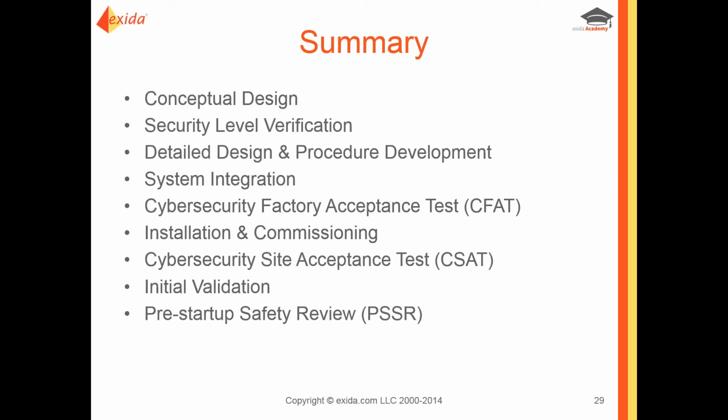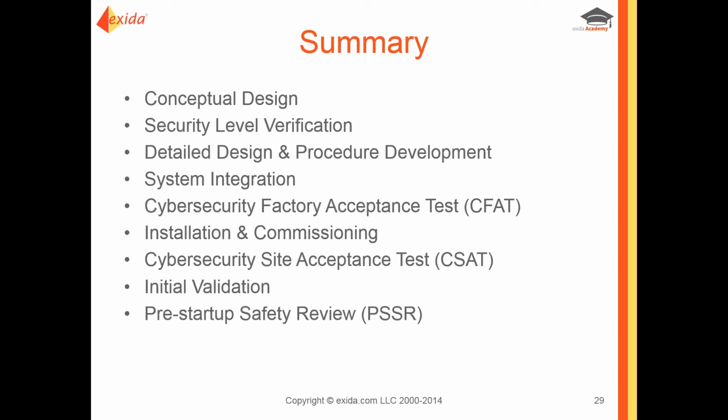So in summary, we looked at the life cycle portion of design and implementation, starting with conceptual design, moving through security level verification, which could be qualitative or semi-quantitative. We also looked at the detailed design and procedure development portion of the life cycle, then moved into system integration.